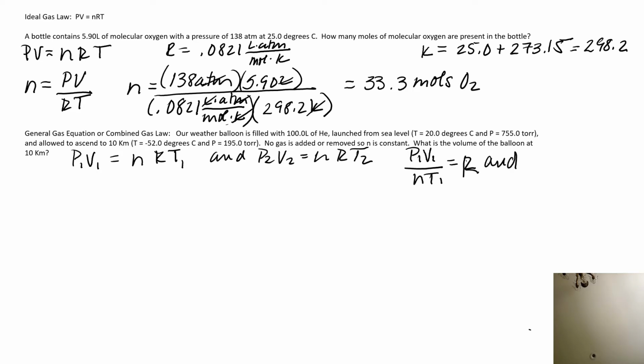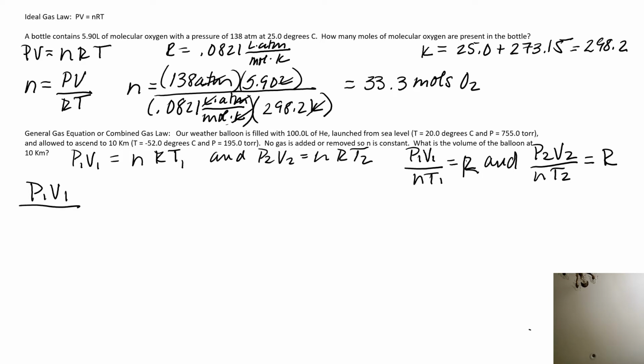and P2V2 over nT2 also equals R. Because both of these relationships are equal to R, we can set them equal to one another.